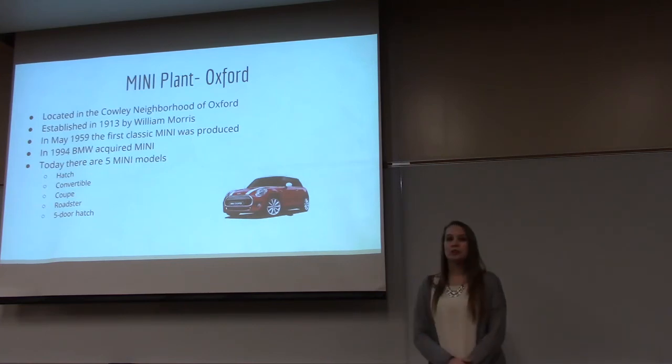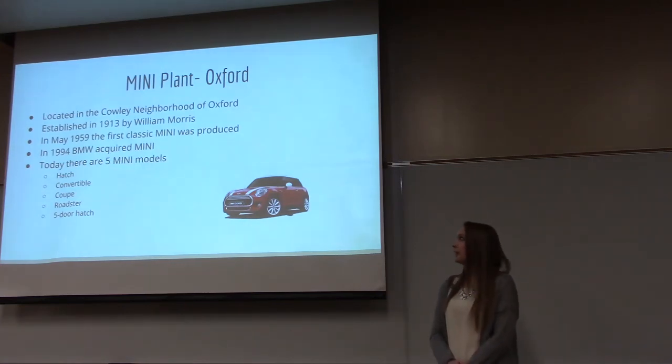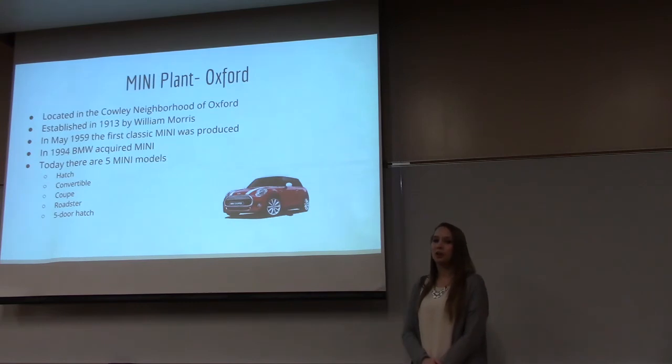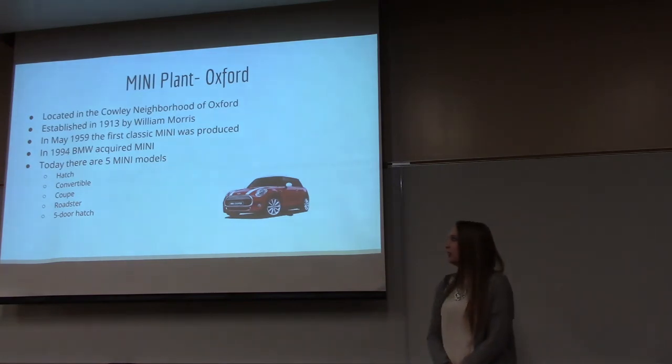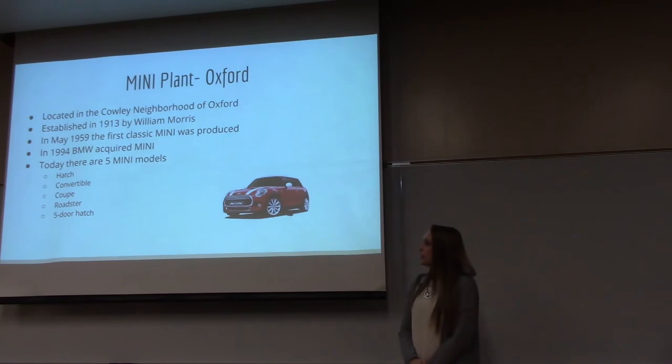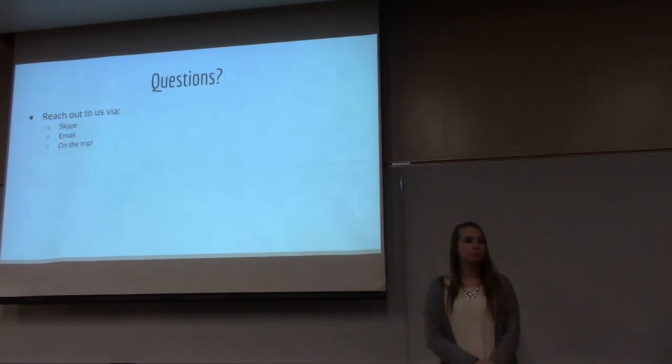And in 2013, the Mini Plant in Oxford celebrated 100 years of car making. Today there are 5 different Mini models, which include the hatch, convertible, coupe, roadster, and 5-door hatch.